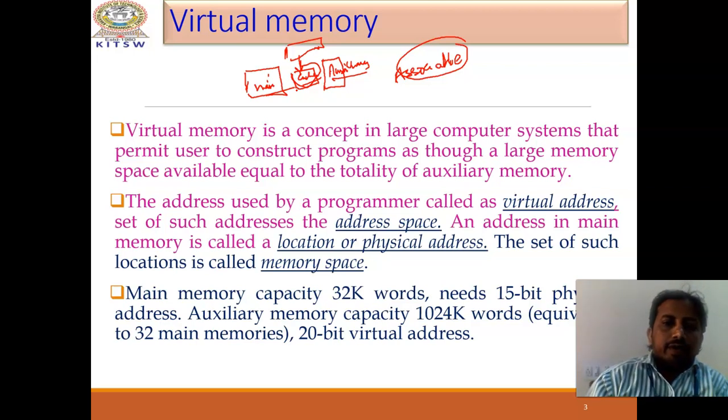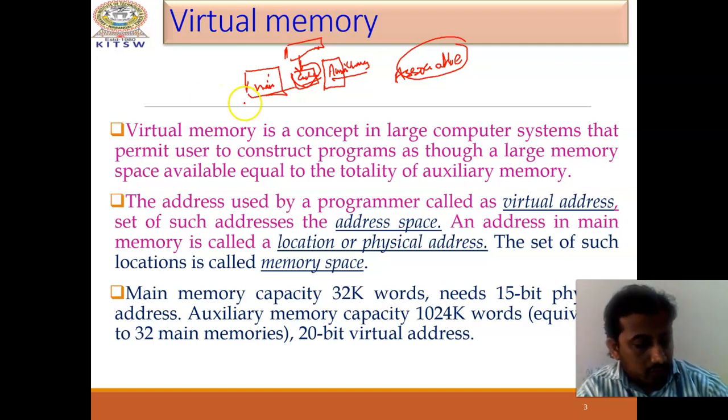Virtual memory is nothing but the address used by the programmer. It could be creating a virtual address. Suppose the programmer sets up a 20-bit address bus. So you would have 20 address lines, and this set of addresses is called an address bus.